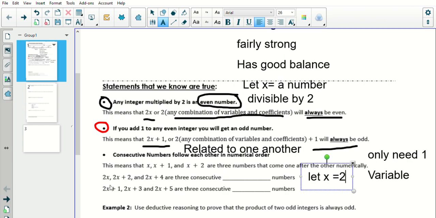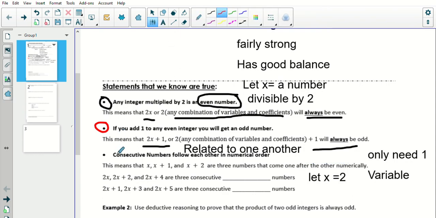So I'm given 2x, 2x plus 2, and 2x plus 4. What does that mean? Well, 2x is what we defined as our definition of an even number, right here.